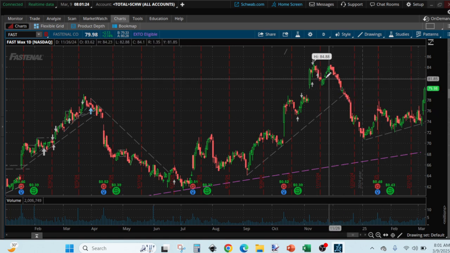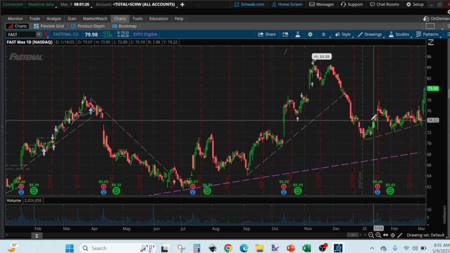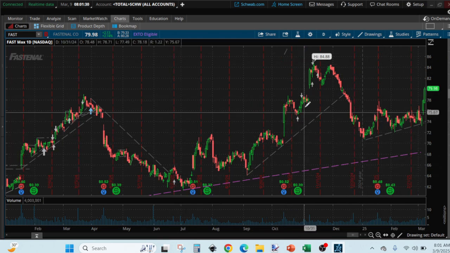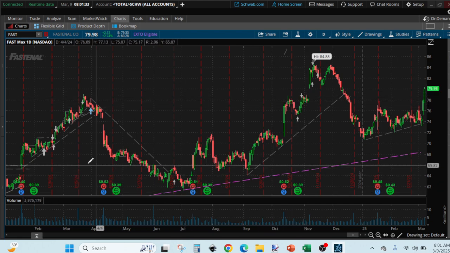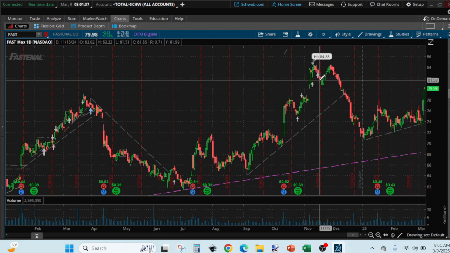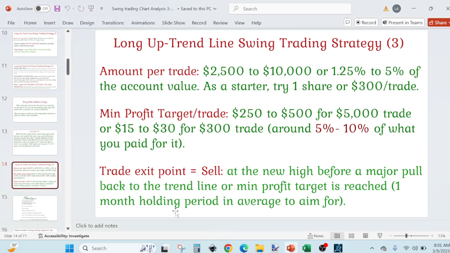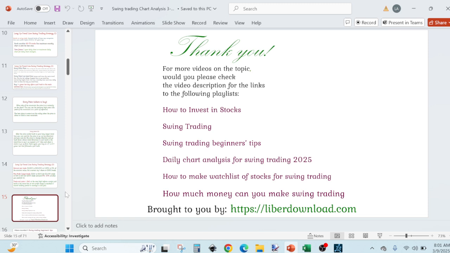So you can see how long we have been in the trade. We bought it before and sold it a few times in 2024, and we bought it again and the price went down and we just kept it there. But just, if you are not going to sell at a loss, carefully pick your stocks.